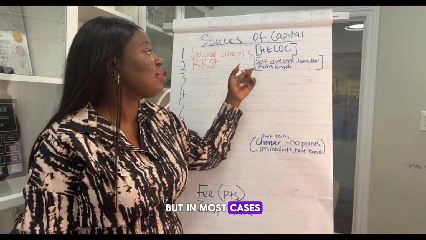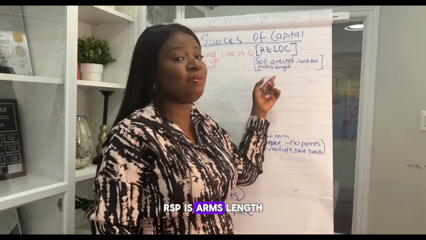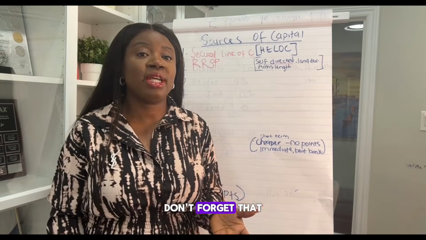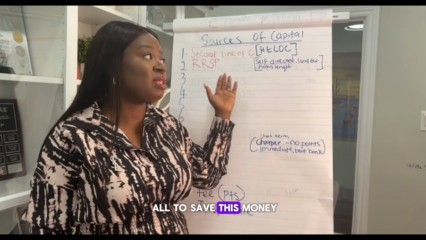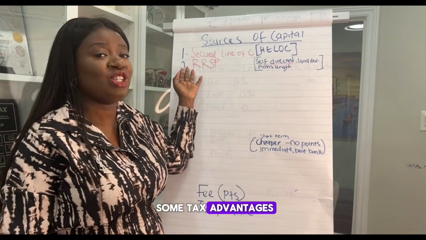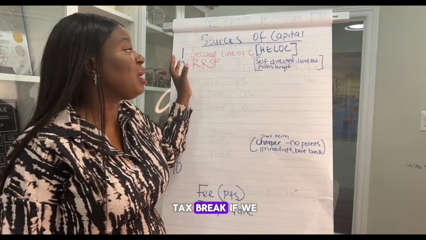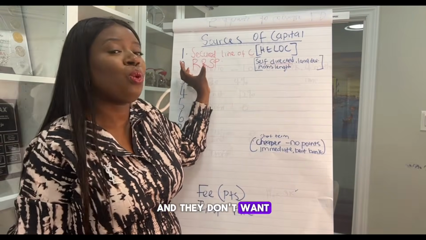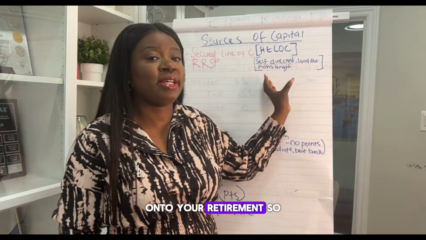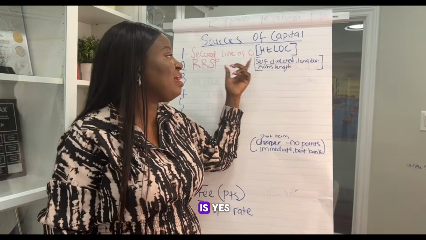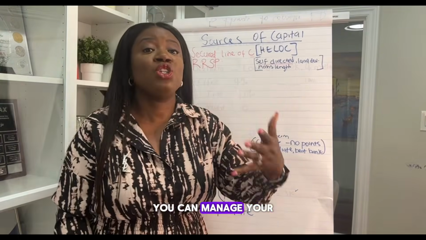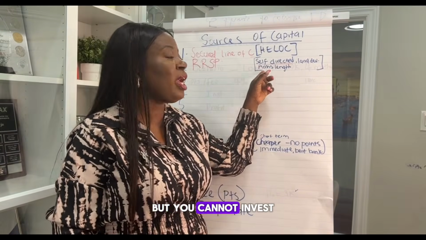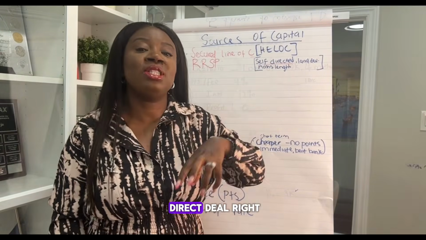But in most cases, RRSP is arm's length, because again, this money is meant for your retirement. Don't forget that the government wanted us to save this money, and they give us some tax advantages. They give us a tax break if we save our money in this pot, and they don't want you to access those funds until your retirement. So what they have said is, yes, you can self-direct, you can manage your own funds yourself, you can choose your kind of investment, but you cannot invest it in your own direct deal, right?